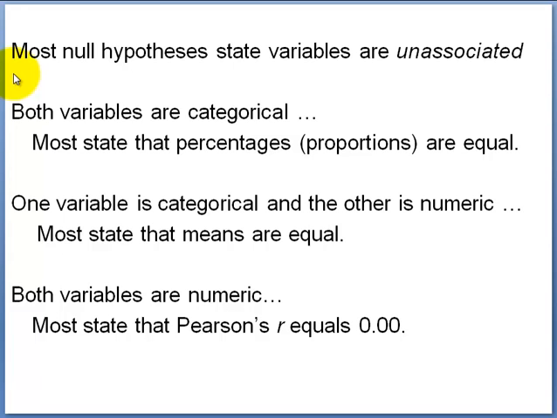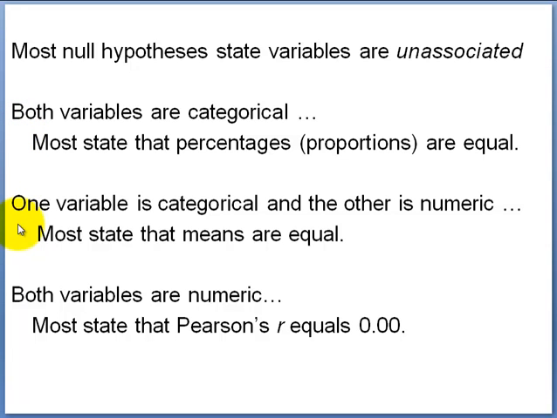It is indeed the case that most of the time the null hypothesis states that two variables are unassociated. The specific form of the null varies according to the types of variables that are involved. Where both variables are categorical, the null typically states that percentages, that is to say proportions, are equal.